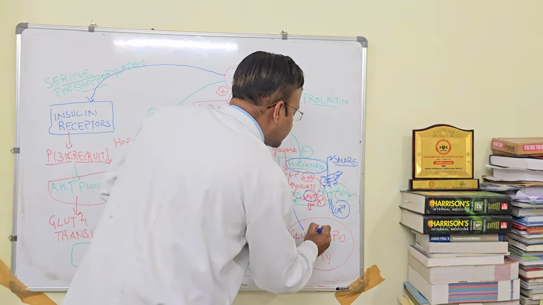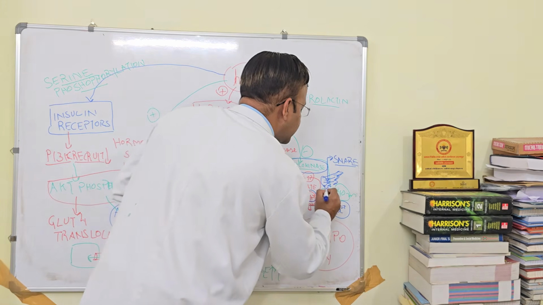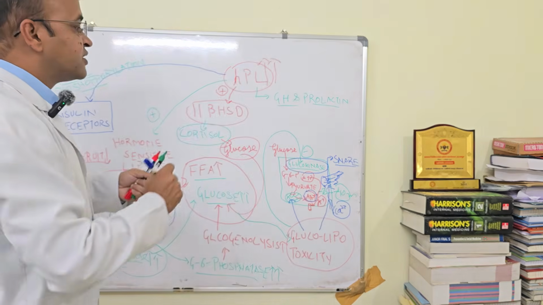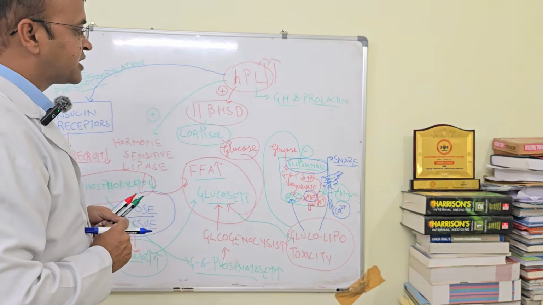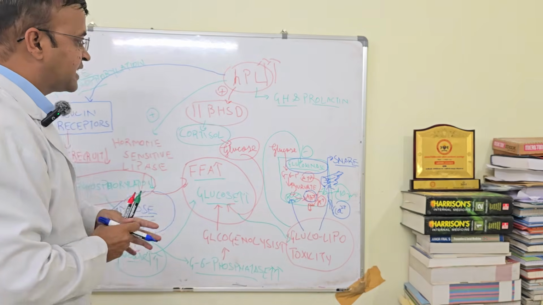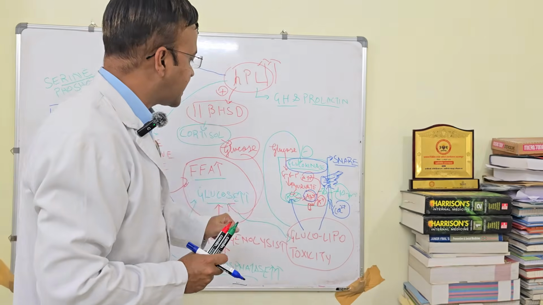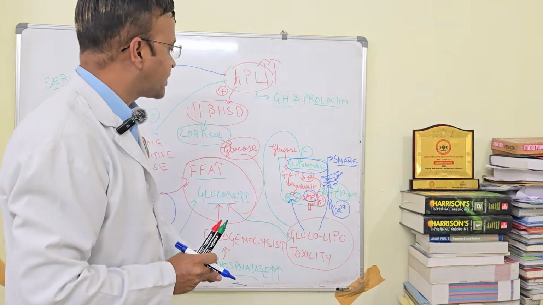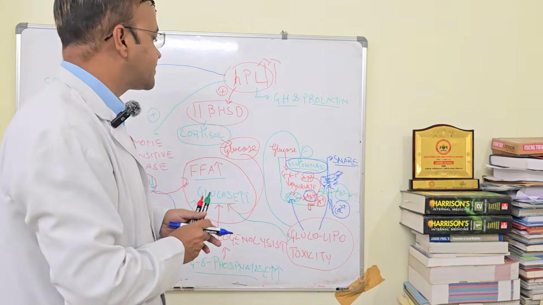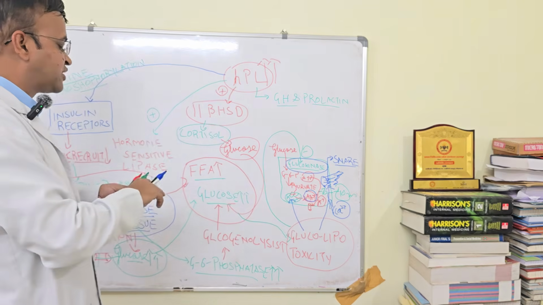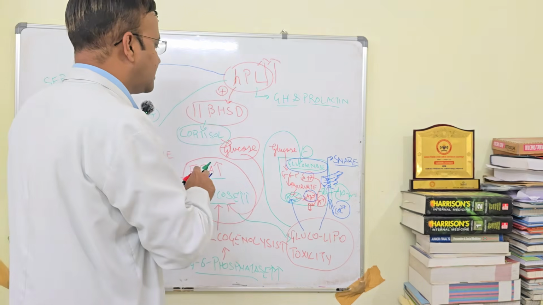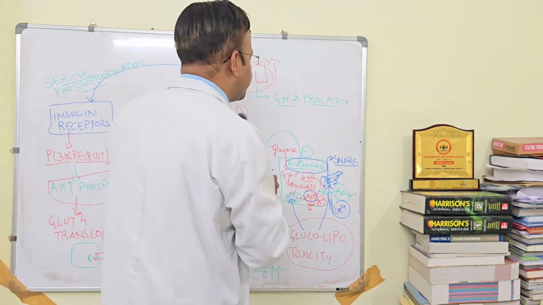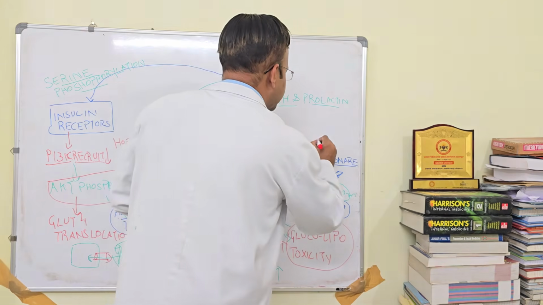And glucolipotoxicity also damages your SNARE proteins, right? So it's like damaging all the steps. It is inhibiting your glucokinase, it is causing mitochondrial dysfunction, it is damaging your SNARE proteins, and it also leads to incretin resistance, right? So what are your incretins? That GLP and GIP, right?